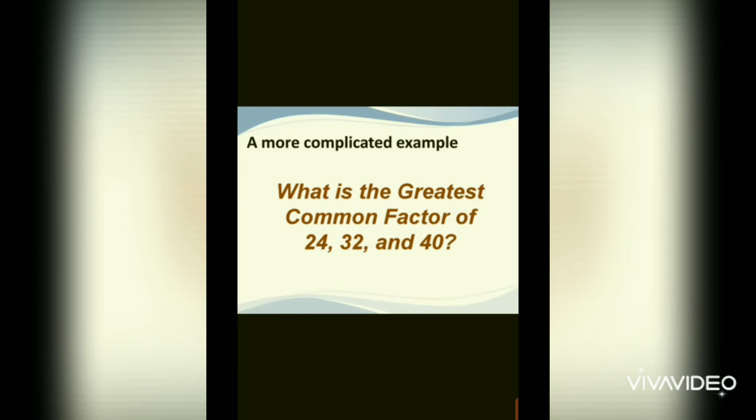Even if the problem becomes bigger, the process is the same. Suppose you are asked to find the greatest common factor between 24, 32, and 40. Take a few seconds to consider the factors of each number.